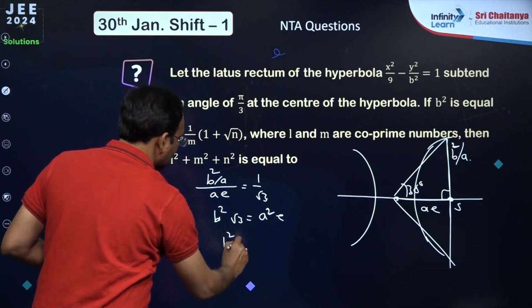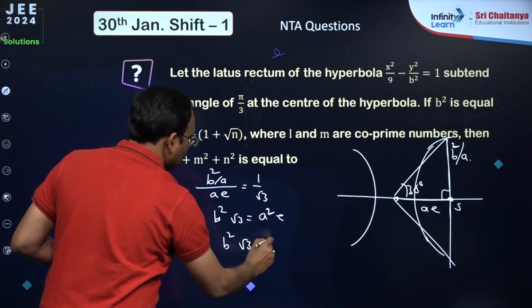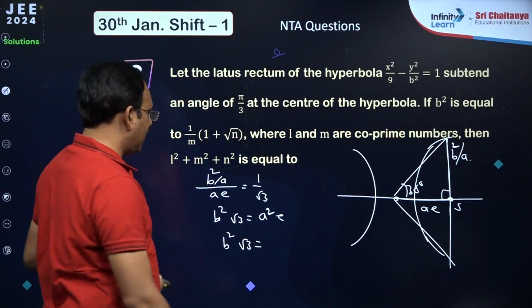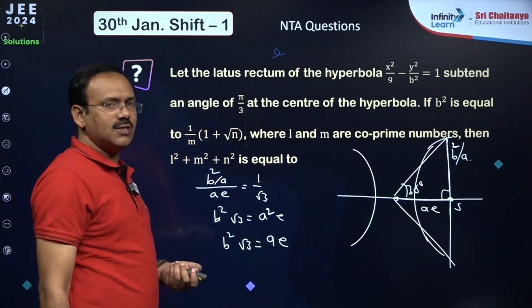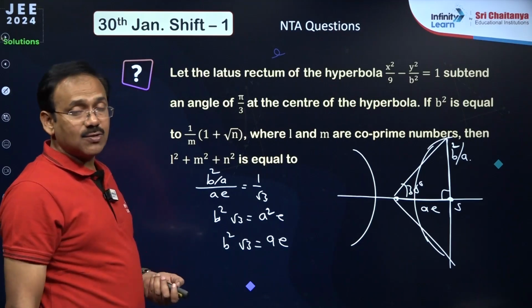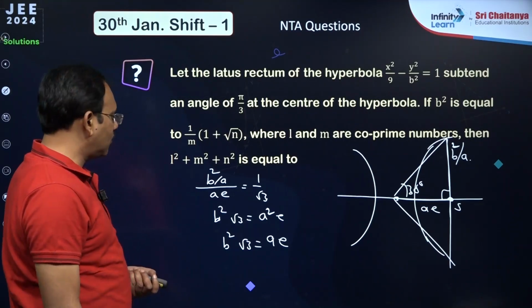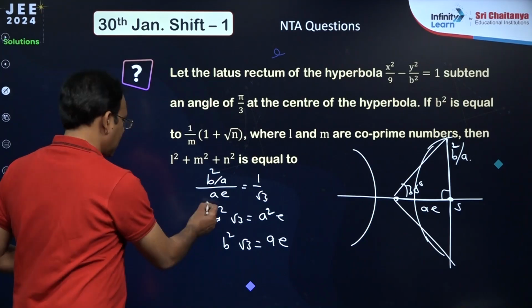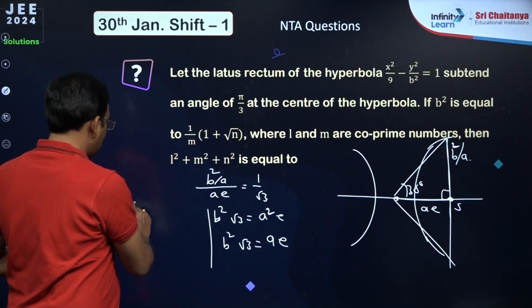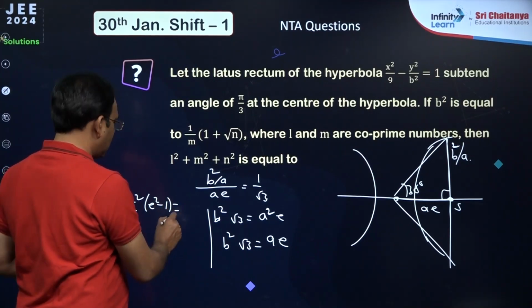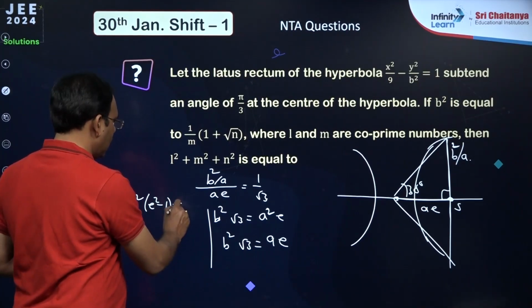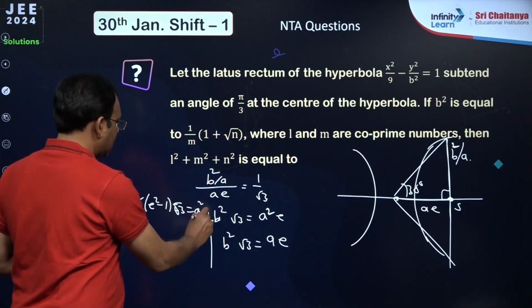So b square into root 3 is equal to a square e, which is 9e. And b square is equal to a square into e square minus 1. This is b square into root 3 is equal to a square e.